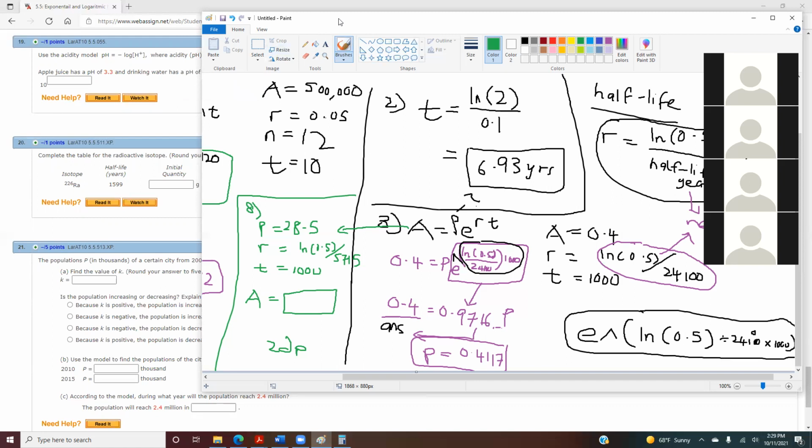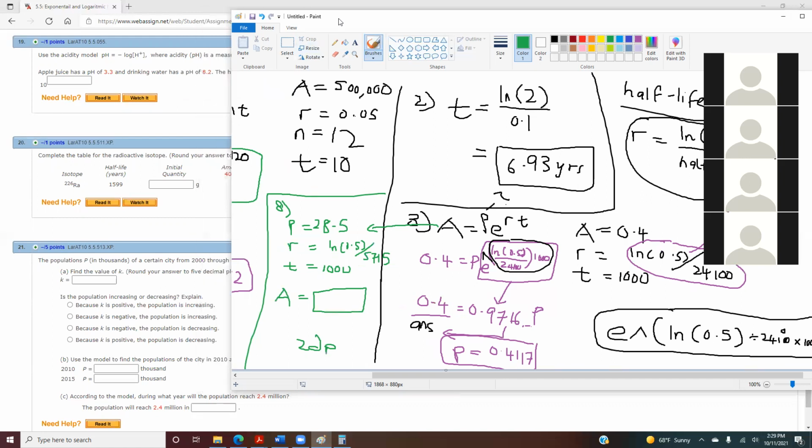Is it 0.8857809481? You still need to multiply by P. You need to plug in 28.5 times e to the power of the r, all this icky stuff, times 1000. Okay, I got 25.24.